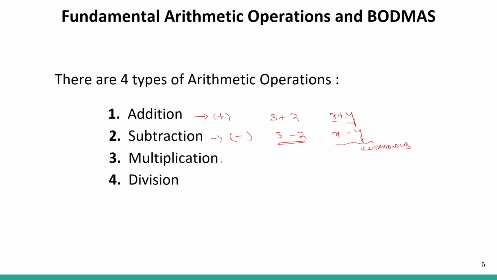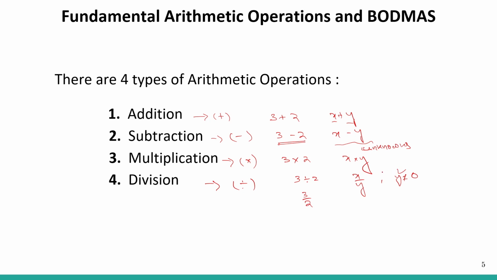The third kind is multiplication: 3 into 2 and x into y. And the fourth kind is division: 3 divided by 2, which we also write as 3 by 2, and x by y, given that y is not equal to 0, because we can't divide any number by 0, it becomes undefined.